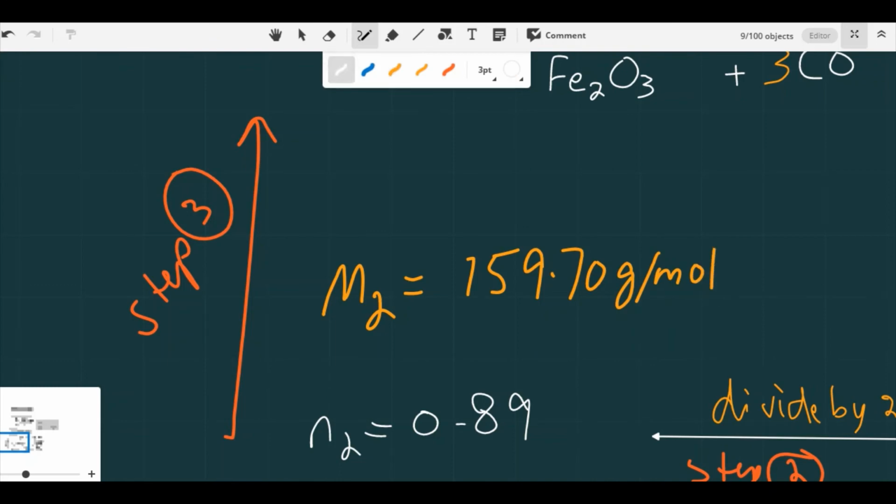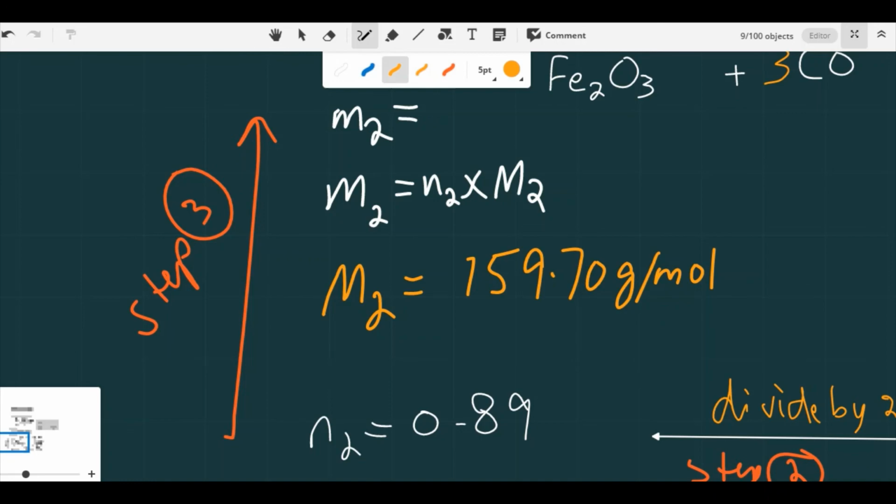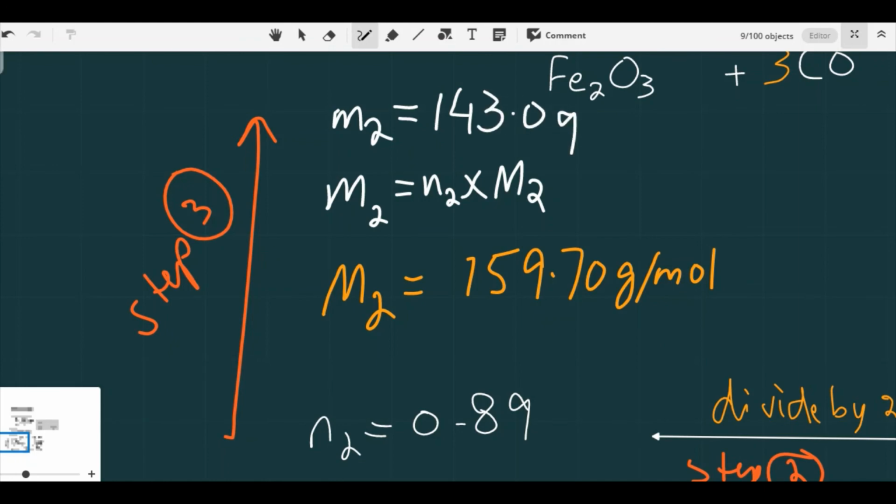The mass equals moles times molar mass, so M2 equals 0.89 multiplied by 159.70, which is about 142.9, or you can write 143.0 grams.